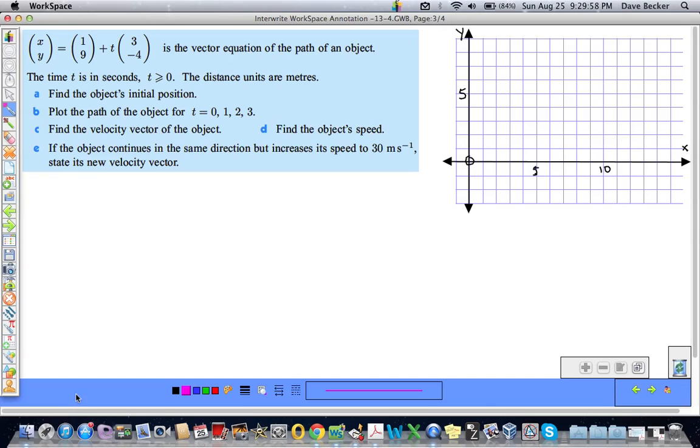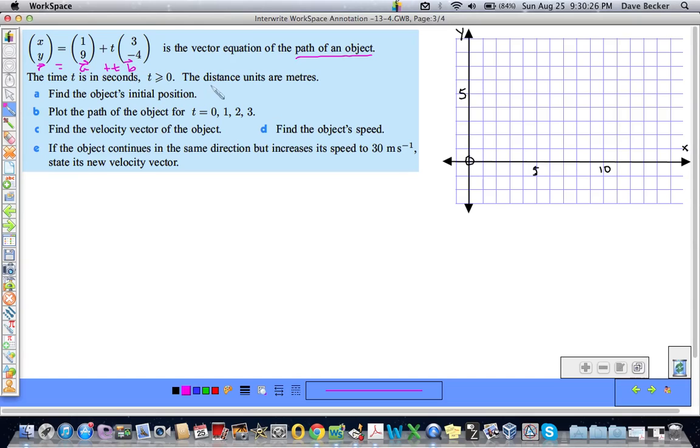Okay, so let's try a problem. This vector equation here gives the path of an object. The time t is in seconds, t is greater than or equal to 0, and distances are in meters. Find the object's initial position. Well, if you remember from the previous page, we are in the general form r equals a plus tb.